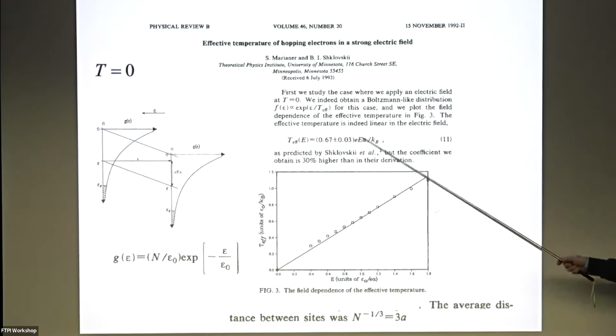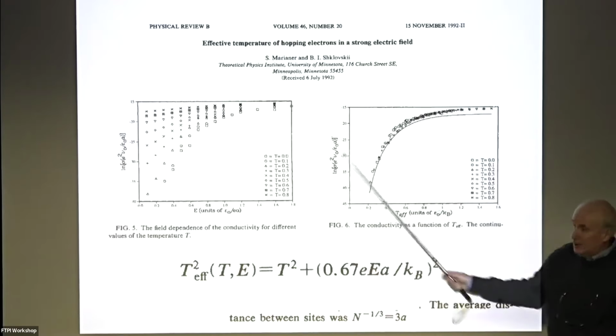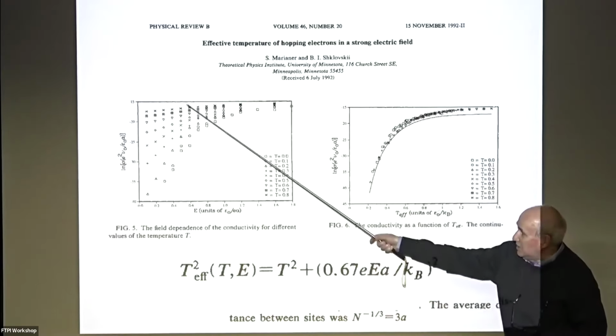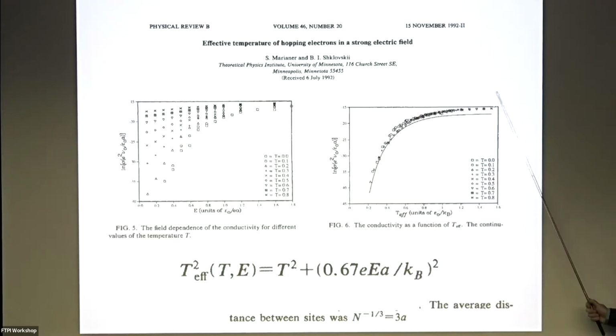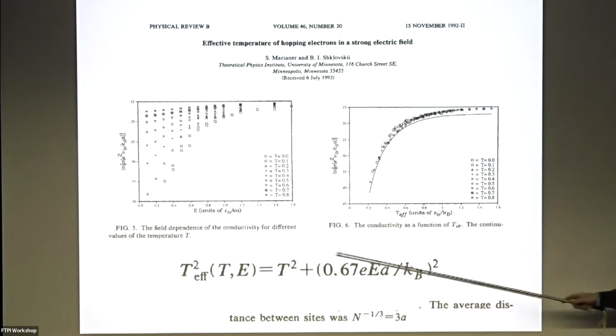It's a bit different. And then they simulated conductivity. So field-dependent conductivity at different temperatures. Everything falls on one universal curve if you indeed use this expression, now it was done with a finite temperature. So the combined effect of temperature and electric field is described solely by this equation.